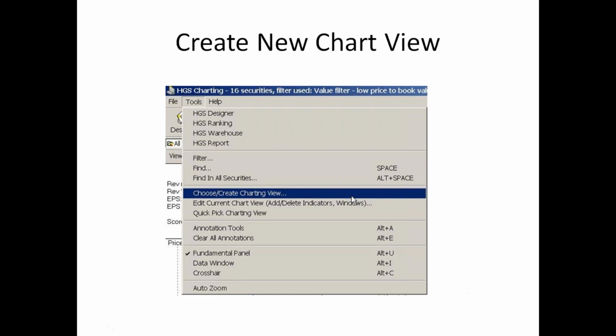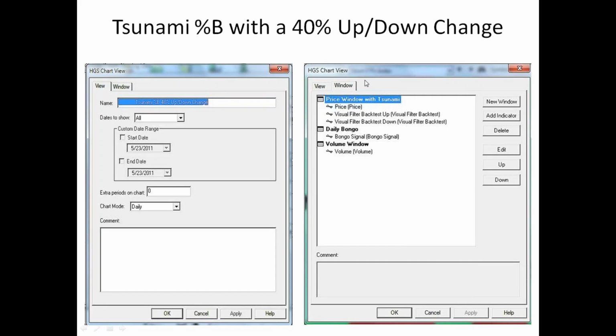From there, you bring up, it would only be one of these. I put two on the same slide to make it easier. First click on view and name your view.